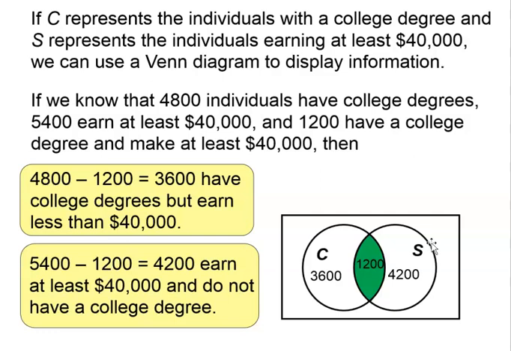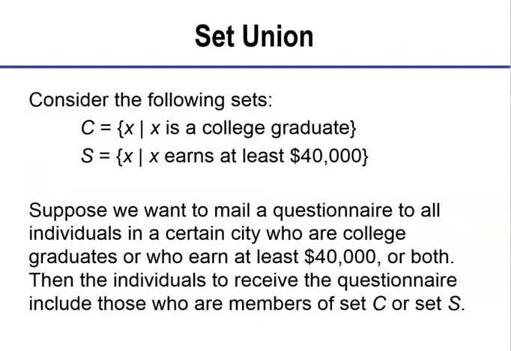So 3,600 plus 1,200 adds to be 4,800, and 4,200 plus 1,200 adds to be the 5,400. And that's what you're going to do to fill these tables out. You want to start in the center. If you know the intersection value to go in the middle, you fill that in first and subtract to work your way out. It depends on the information you're given, so be really careful about the information you're given when you fill these in.